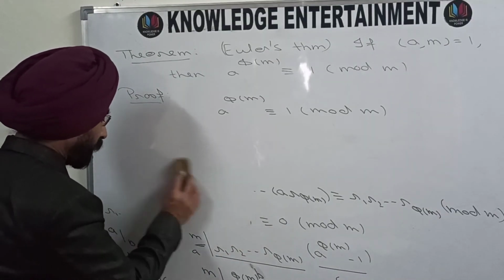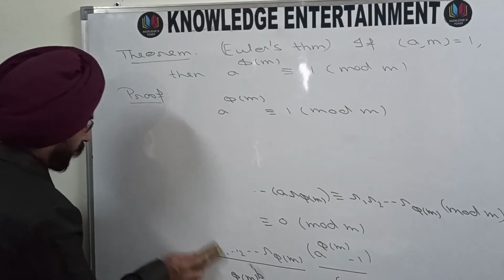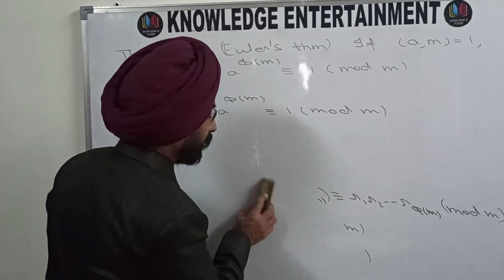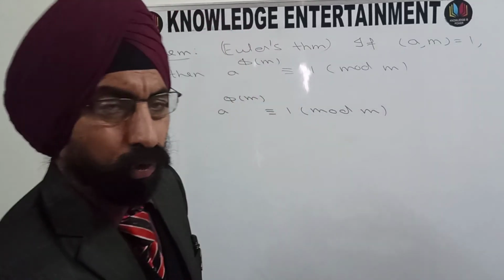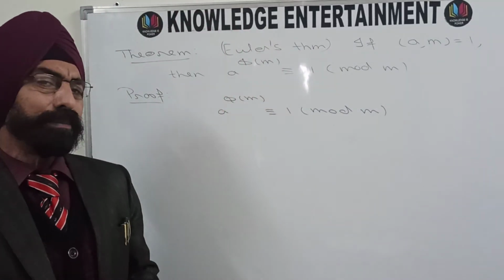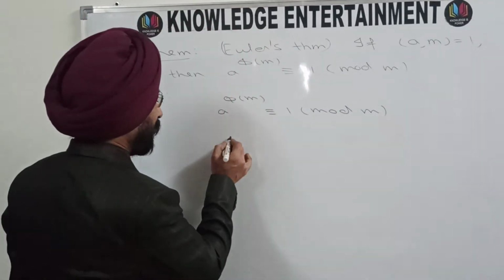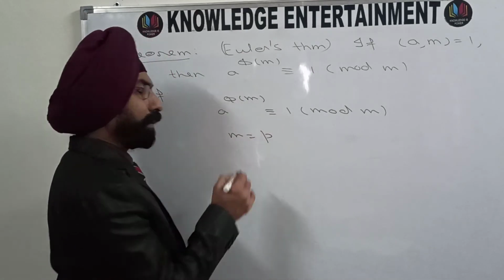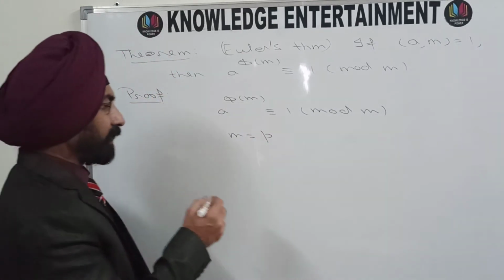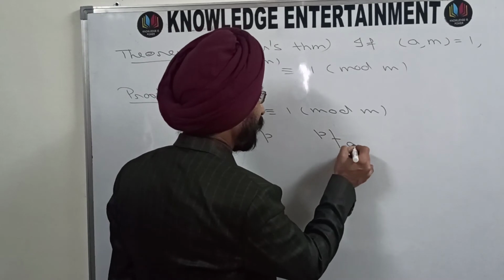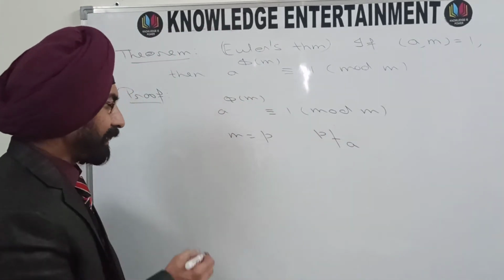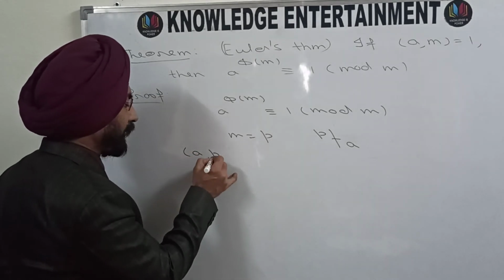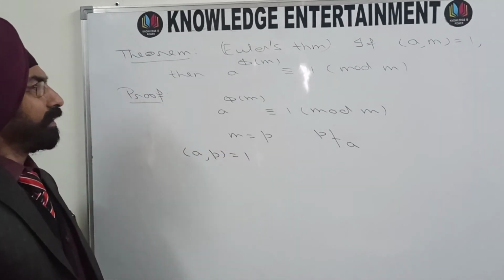Now there is an important corollary of this theorem. What will happen if m is a prime number? If m is a prime number p and p does not divide a, that means GCD of a and p is 1.